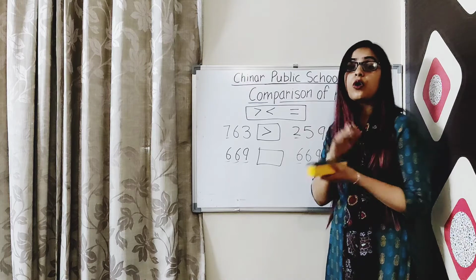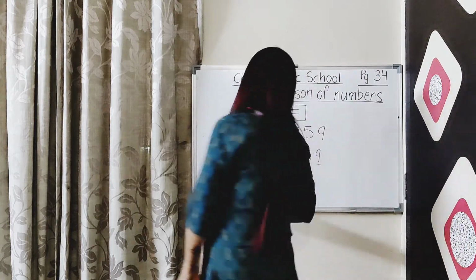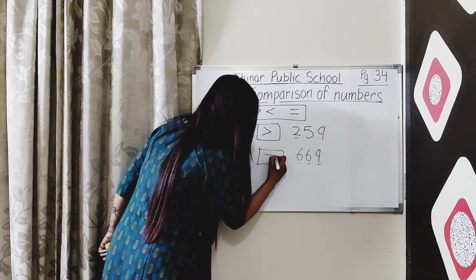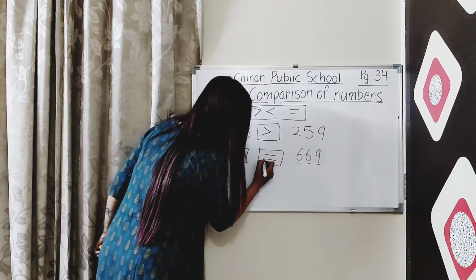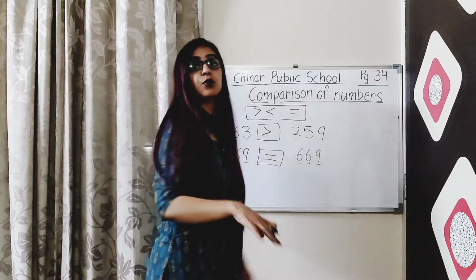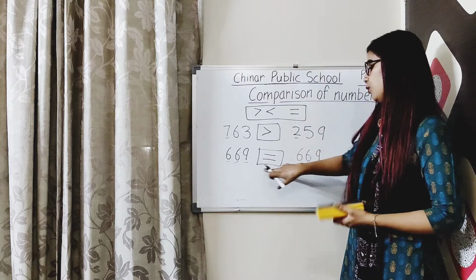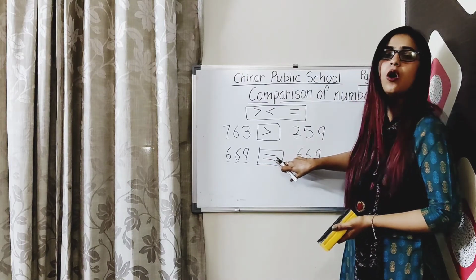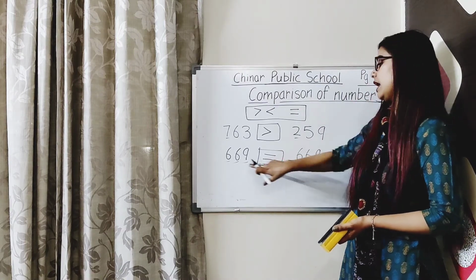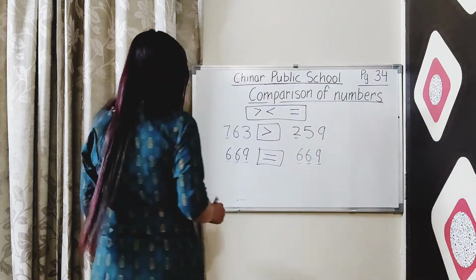So the crocodile will get confused. He will go here to bite this number and come here again to bite this number, because the crocodile is very hungry. And this sign we call equals to. That means both numbers are equal.